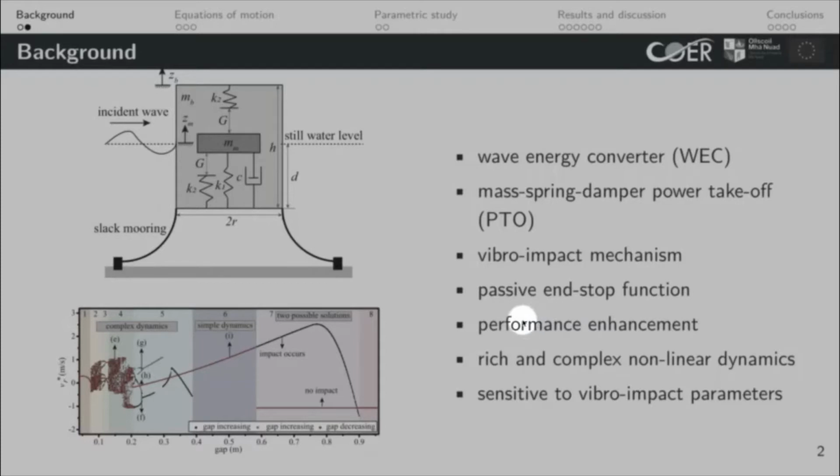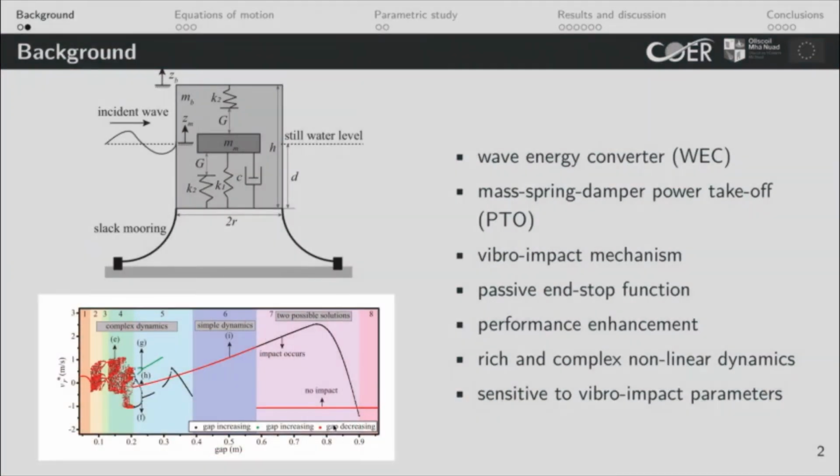On the other hand, this wide-band impact system may introduce rich and complex nonlinear dynamics, and the system dynamics are very sensitive to the wide-band impact parameters. As shown in this figure, when we change the gap, the system dynamics change hugely. We can see chaotic motion, multi-period motion, and multi-stability problems.